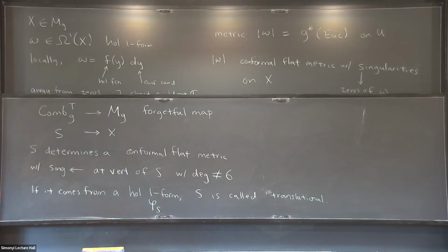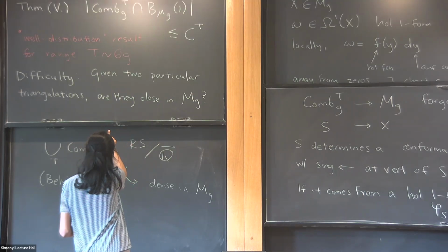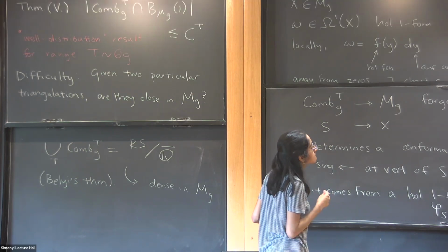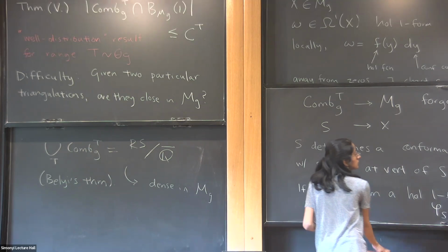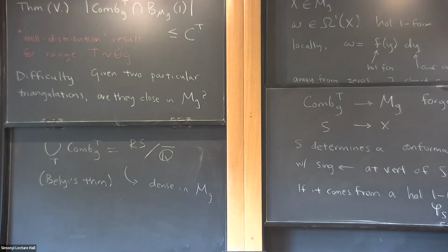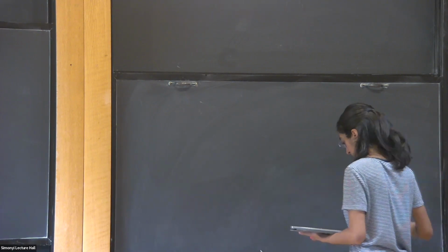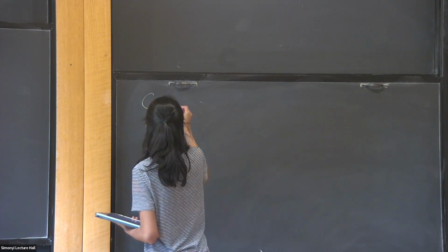Okay, so now let me try to explain how to get over this difficulty. So let me write down this map again.